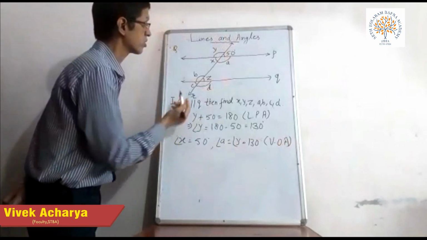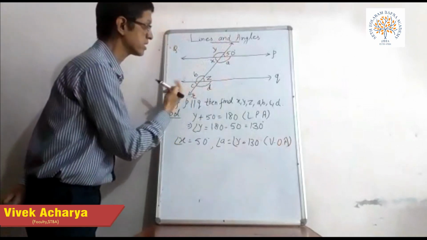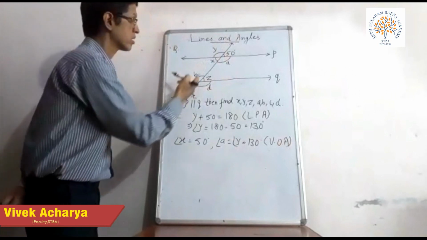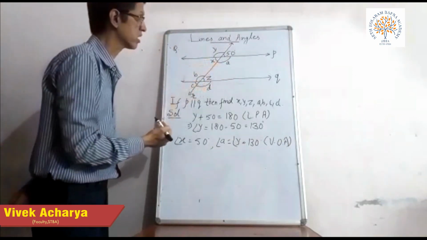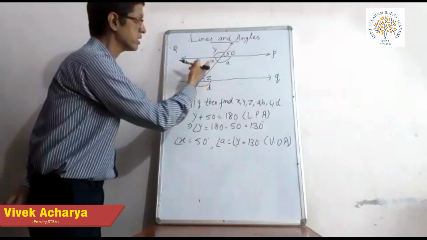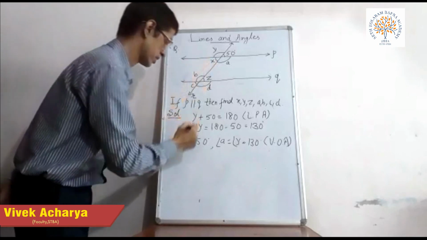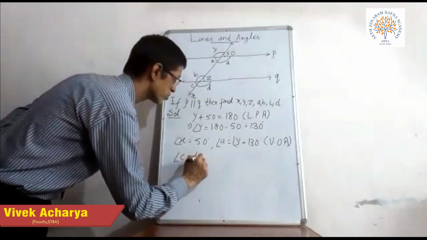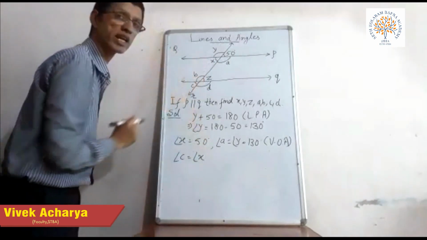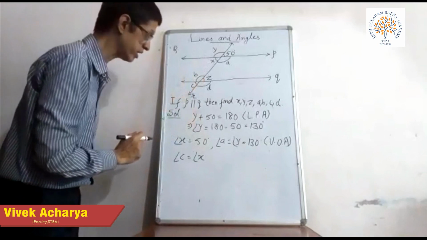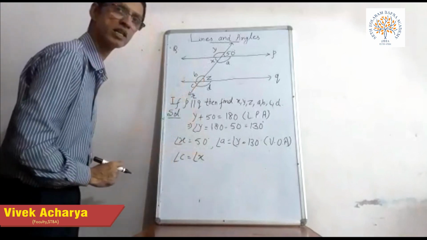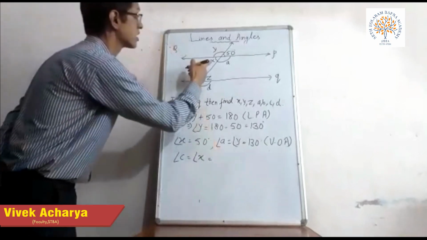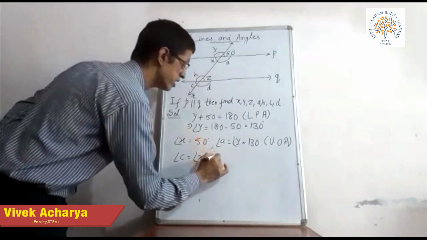Now you can find angle C and angle D. You can see angle C is equal to angle X. Angle C and angle X are corresponding angles. I have already explained that C and X are corresponding angles, and angle X we found is 50.